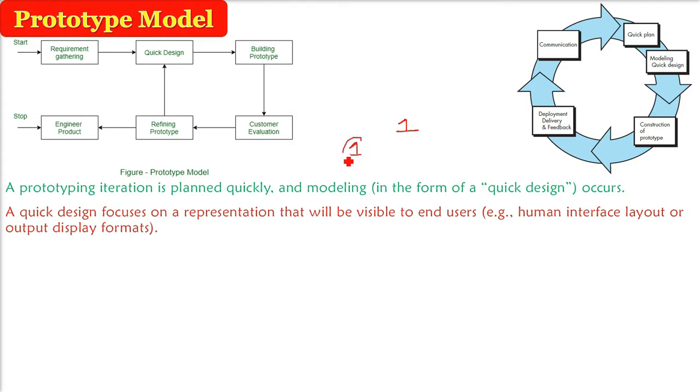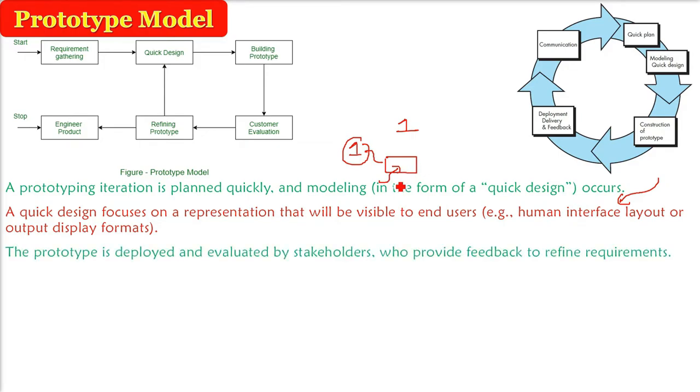In 1 month, you make a prototype just to give a feel what will be the human interface layout, how you're going to click or you are going to interact with the software. What are the formats, output display formats, input formats, how the menus will be there, what will be the working area. So this prototype, the first prototype means actually it's a prototype, not a full version.